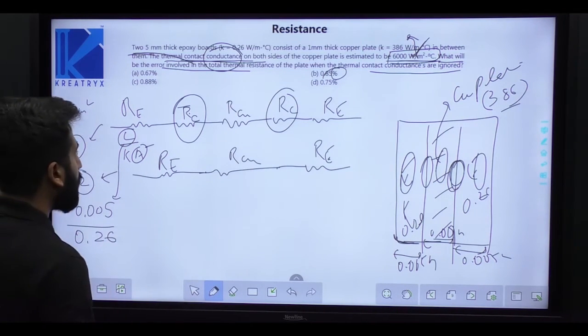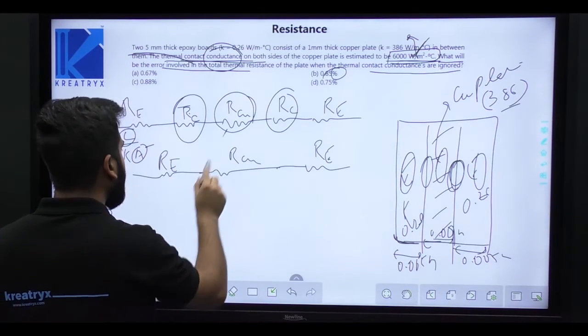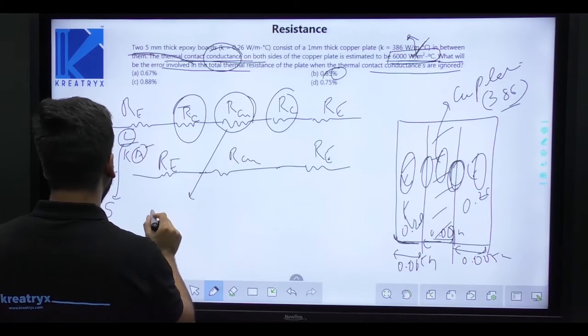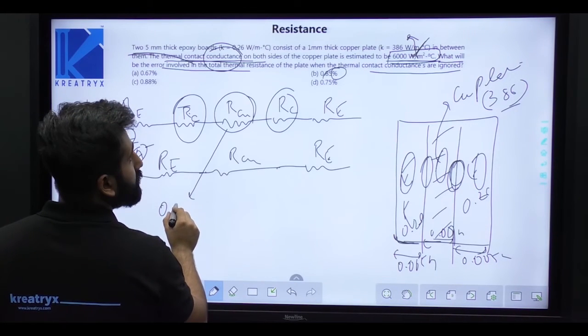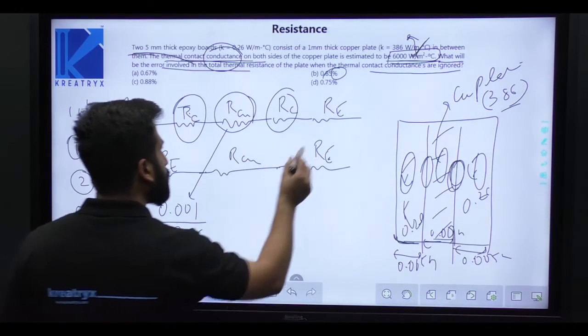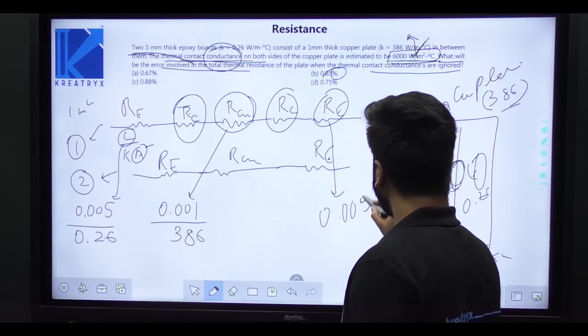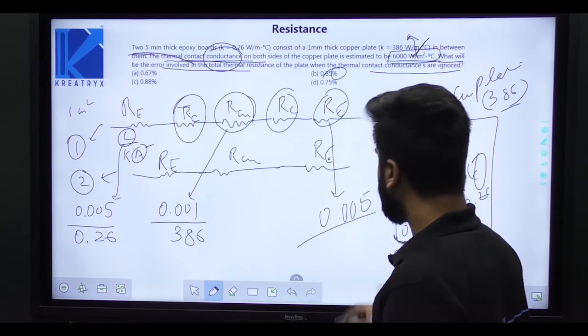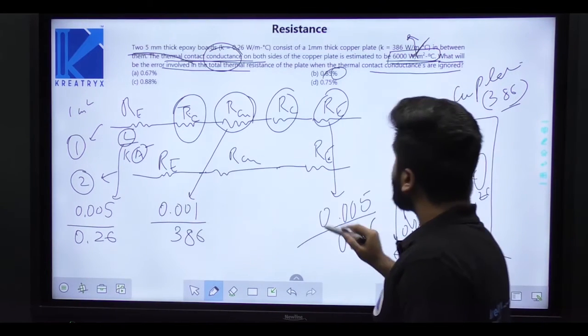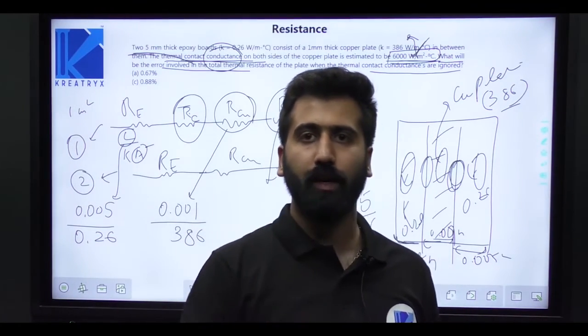Let's move on to the copper plate. This will again be L by K, so 0.001 by K, which is 386. Okay, and this epoxy again will be 0.005 upon 0.26.